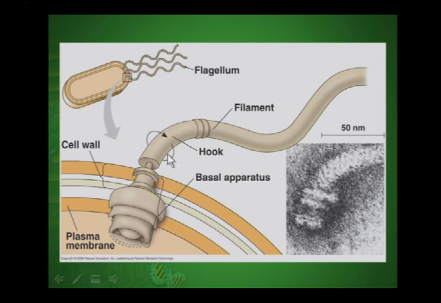So the flagellae here spin, and that's what pulls the bacteria through the water. So if they lack that, they are either not motile or they'll have some other types of mechanisms for moving. But flagellae are all about movement. And the word flagellum really comes from whip. So flagellae are whip-like structures associated with the cell.